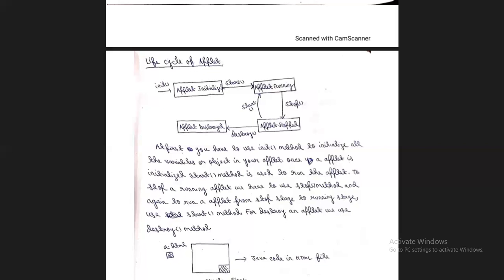Next, after that initialization, the start method is called. And through this start method, we run the applet. Means the applet is now in the applet running state. So using the start method, an applet that is in the initialized stage moves to the applet running stage. Means the applet will now run. Applet will be in the running condition.